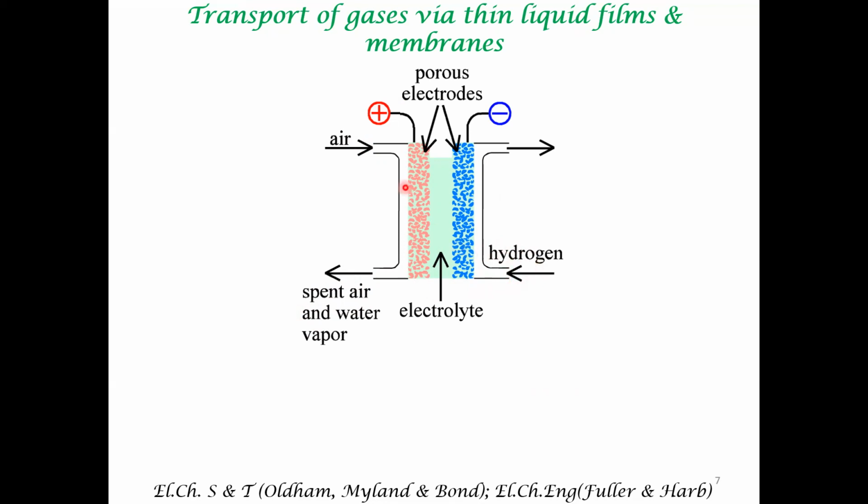Hydrogen and oxygen, or air in this case, have to be first dissolved in liquid films that exist here, before they can be transported to the electrode surface. So there are gas phase reactants which dissolve in the liquid phase, and then within the liquid phase, they are transported to the electrode surface, wherein there is electrochemical reaction.